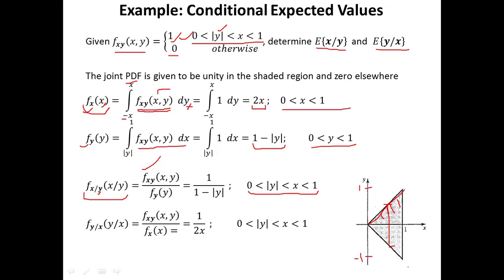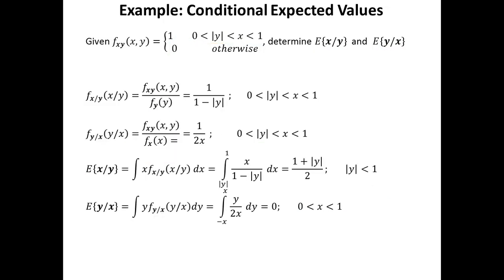Similarly, the conditional density function f y by x equals the joint density function divided by the PDF of x, that is 1 divided by 2x, again for the range 0 less than magnitude y less than x less than 1. Now these two conditional density functions will be used to determine E x by y and E y by x.